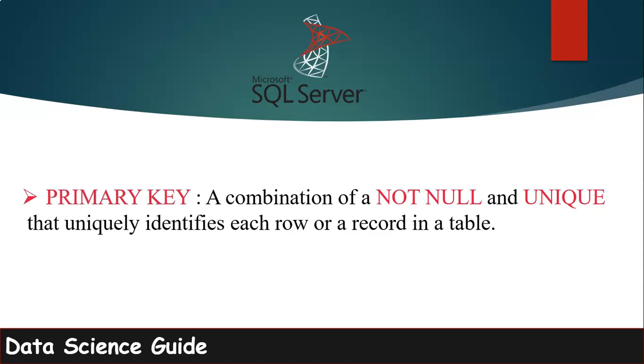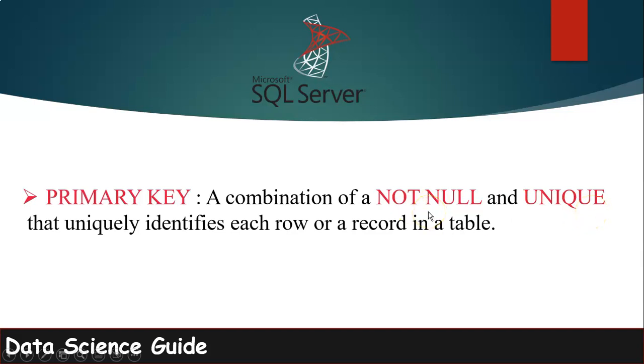So in this case, we cannot leave a column in any record without a value, and at the same time when we add a value, this value should be unique.